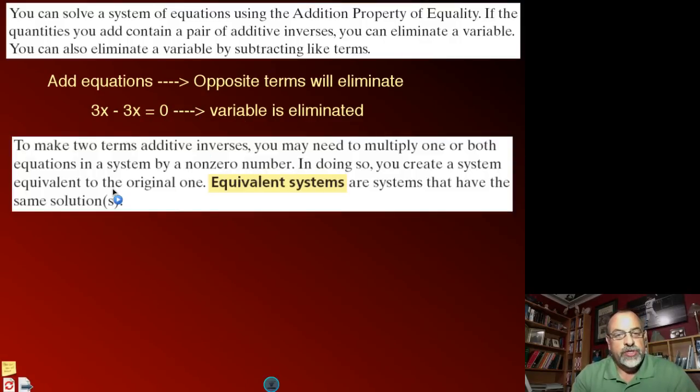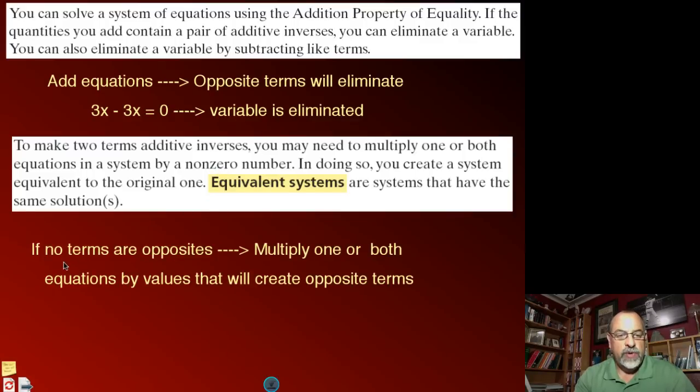Now, in order to do that, we need to have opposite terms. We can create equivalent systems, or equations that are equivalent, by multiplying each term in the equation by the same number, and we may need to do that in order to create these opposites.